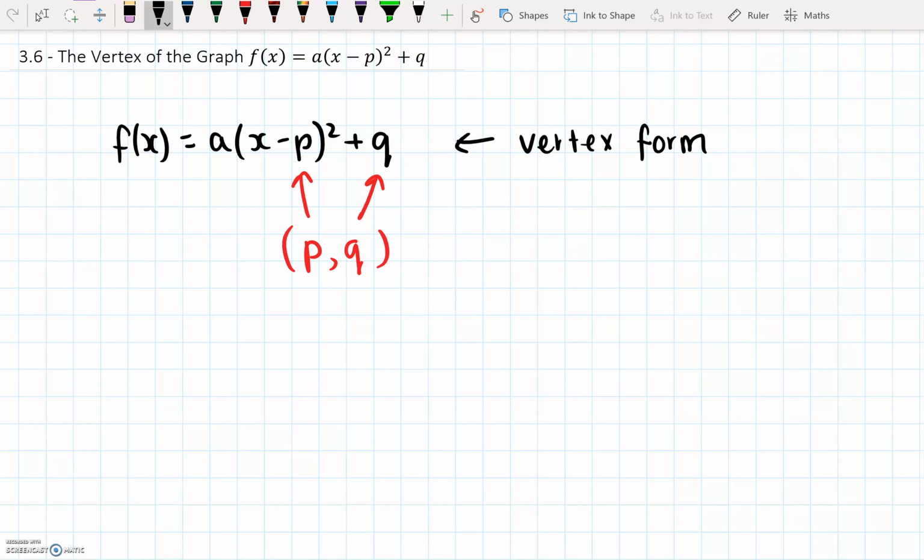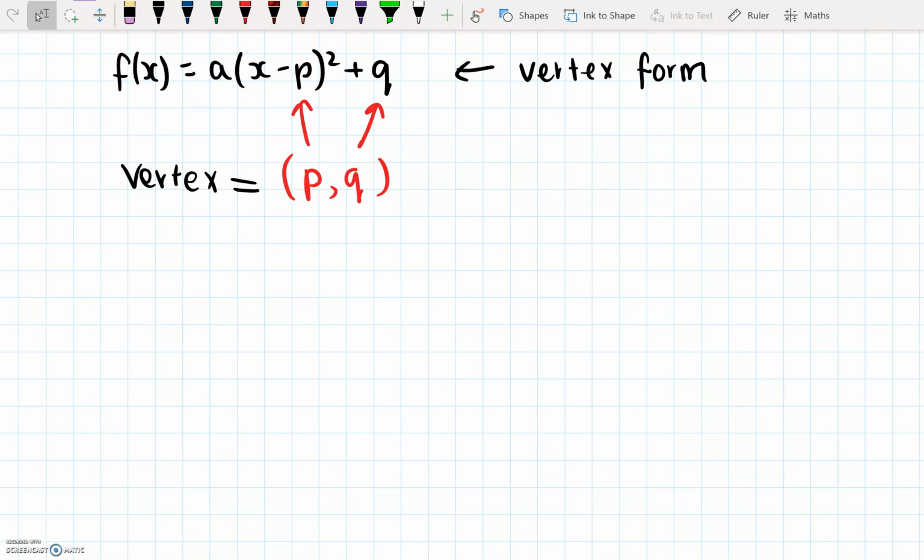This is the vertex. Okay, and that's it.